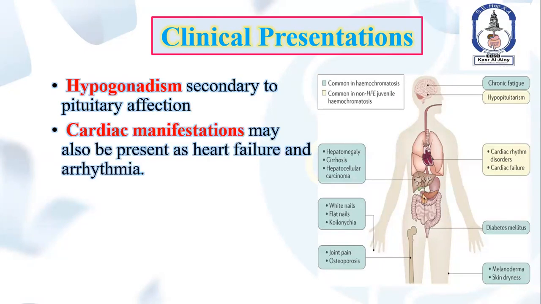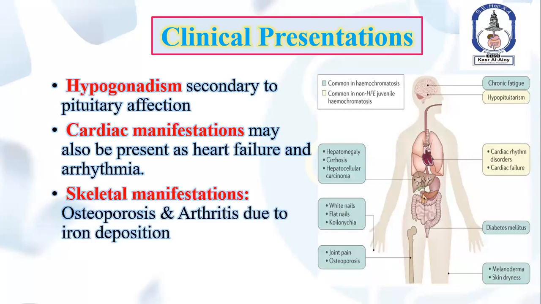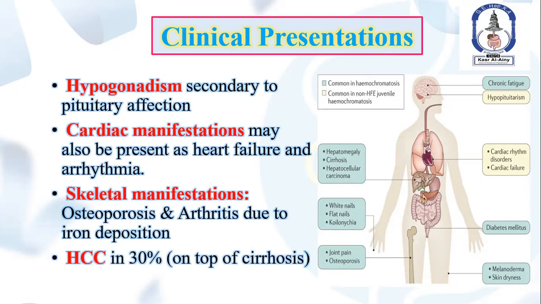When it is deposited in the heart, it will cause, of course, heart failure and arrhythmia. In the skeletal tissue, as I said, it will cause osteoporosis, arthritis, myalgias, and destruction of the joints.